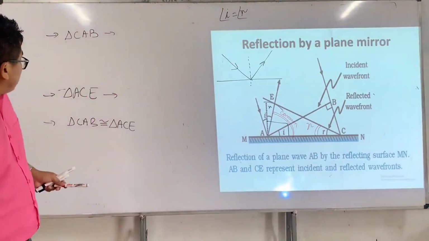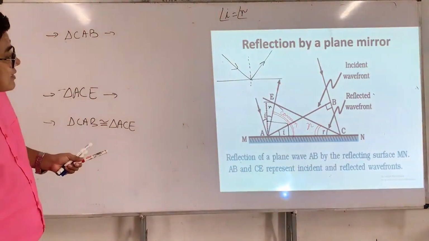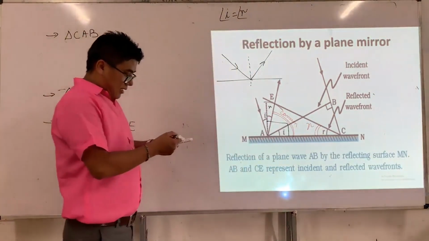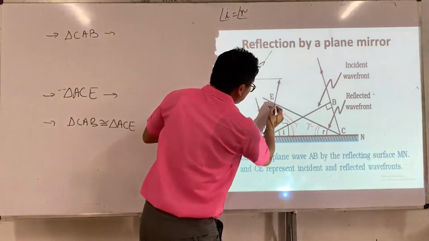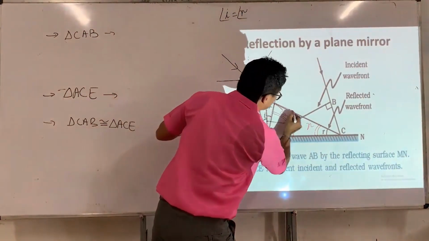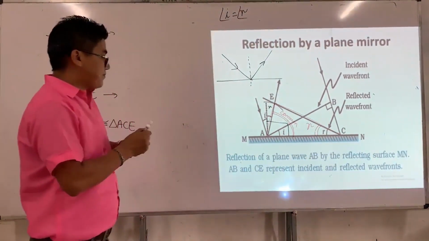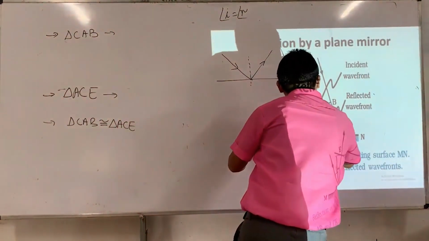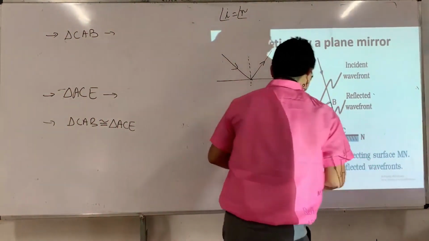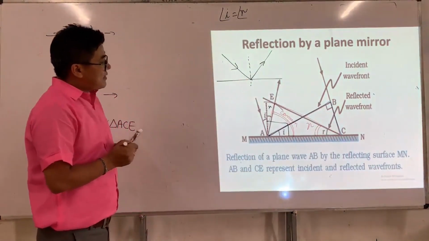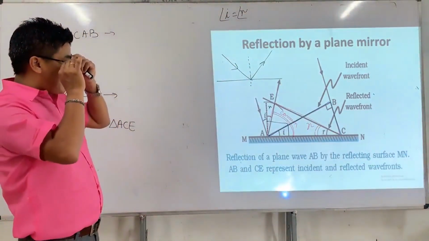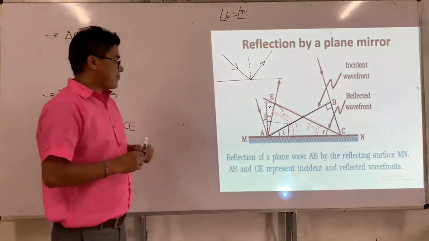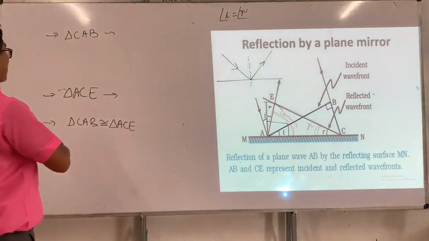So this is what I have done. Once I prove that this is angle R, to avoid confusion, I just write this as one triangle and this as the other triangle. Now things are a little easier to understand. So now I say that these two are congruent triangles.